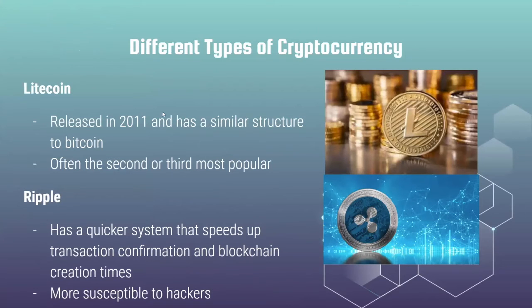Another one is Litecoin. It was released in 2011 and has a similar structure to Bitcoin. It is often the second or third most popular. Another cryptocurrency would be Ripple. It has a quicker system that speeds up transaction confirmation and blockchain creation times, but it's more susceptible to hackers.